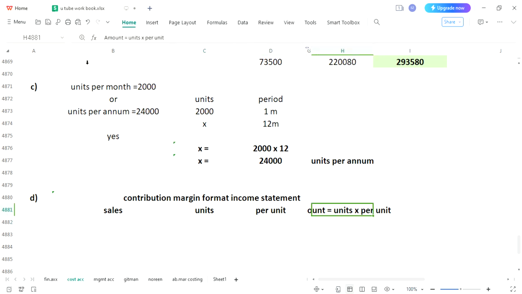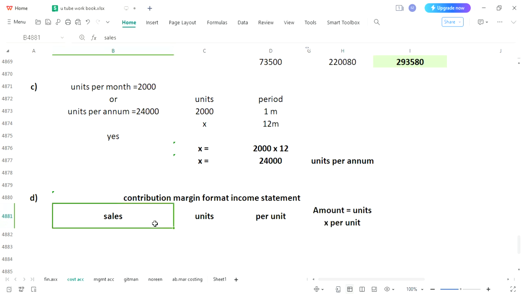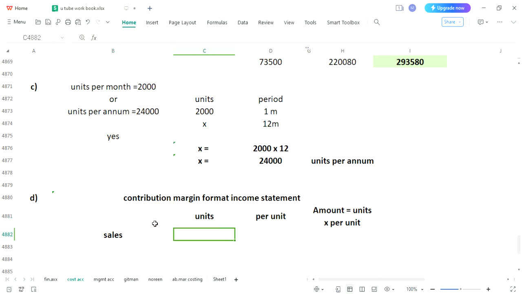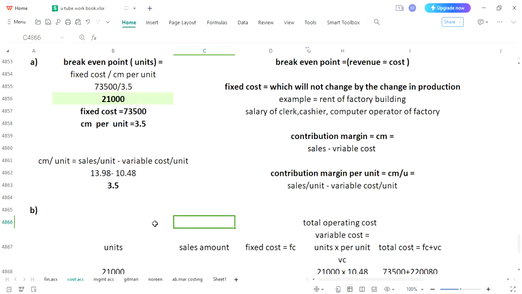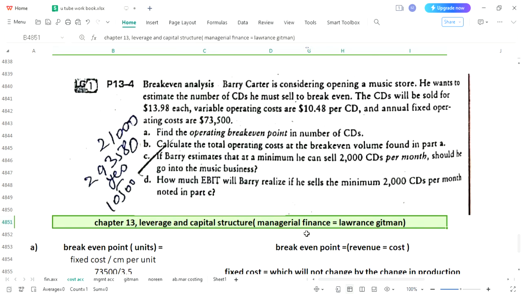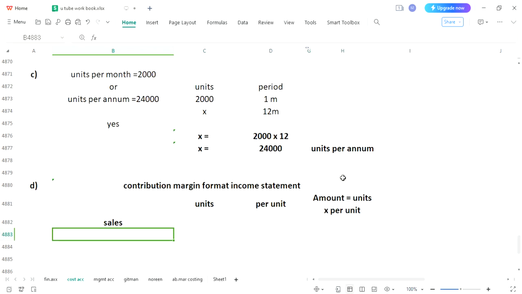So here we are required to calculate your income. And what is his requirement? He is saying if she sells a minimum of 2,000 per month, and we have already calculated that if it is 2,000 units per month, then in the whole year he or she will sell 24,000 units.